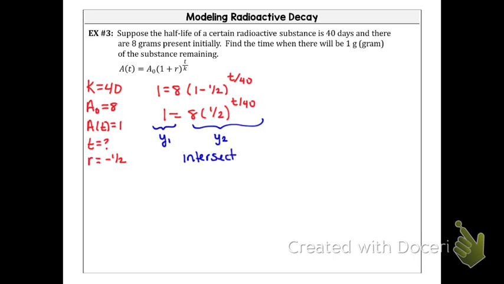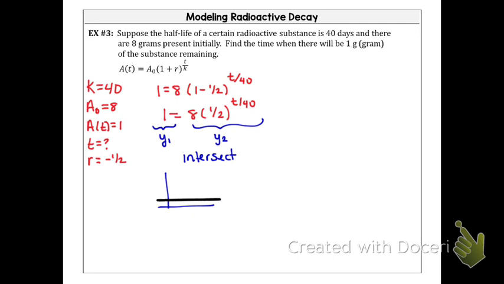So let's do that. In my calculator, in y1, I'm going to put 1. In y2, I'm going to put 8 times 1/2 raised to the x divided by 40. And I'm going to hit graph. And the first thing I saw was a line go straight across.